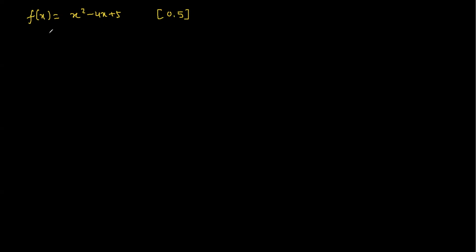So first, find the golden ratio constant. What is the golden ratio constant? There are two constants. One is positive, 1.618, and when you take negative, you will get what? 0.618, right? So what is the golden ratio constant? Yes.